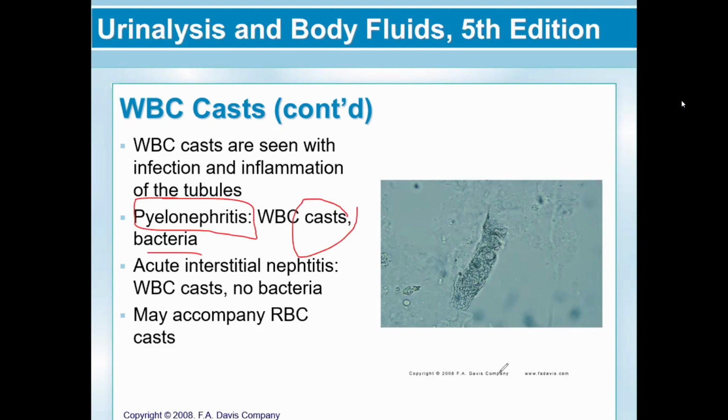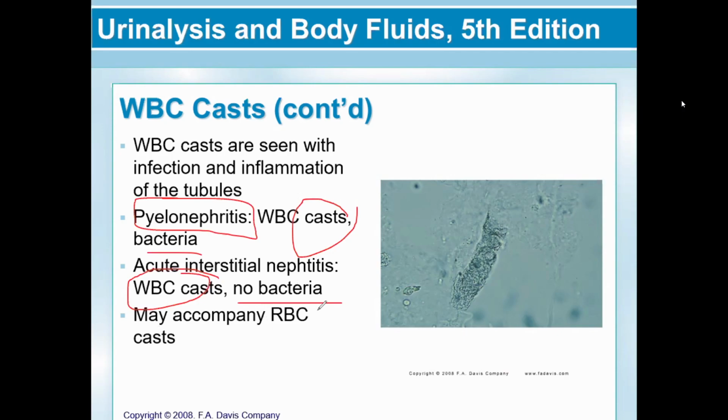Okay? So acute interstitial nephritis. Again, in acute interstitial nephritis naman, adding how we're going to differentiate it from your pyelonephritis, merong WBC casts pero walang bacteria. Okay? So may WBC casts siya pero wala po siyang bacteria, kasi the cause is not bacterial. Okay?